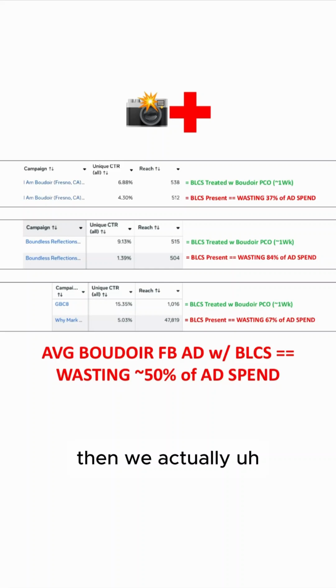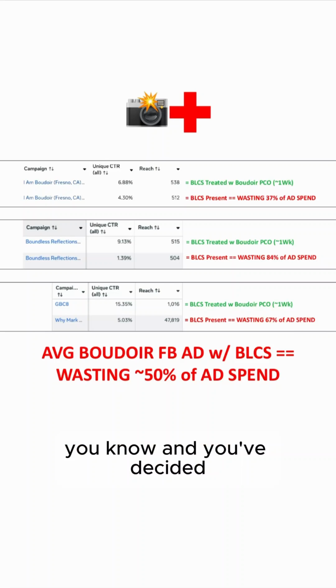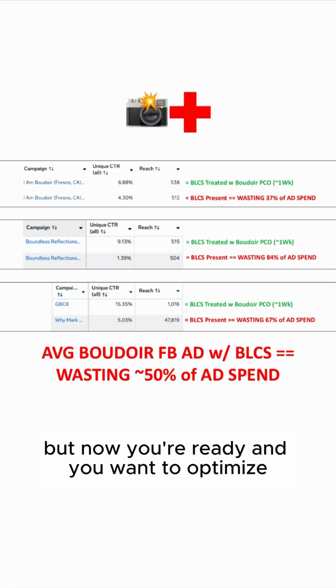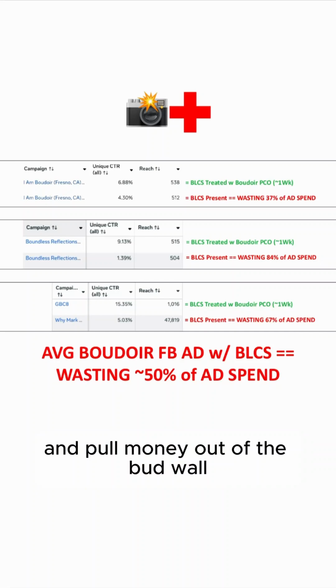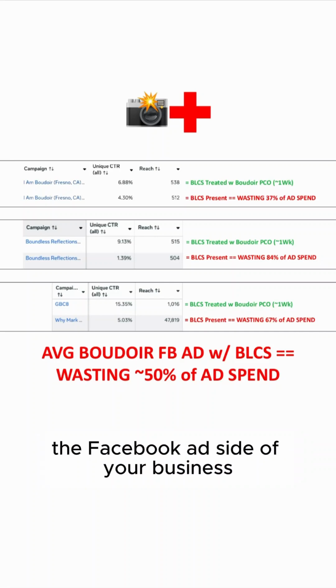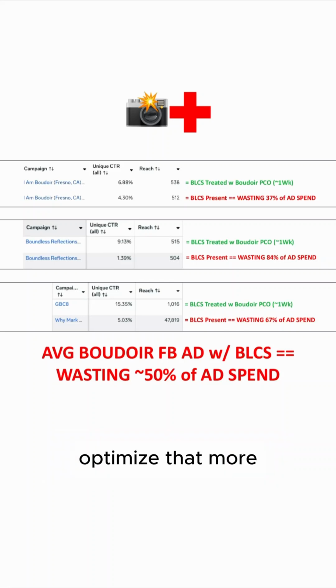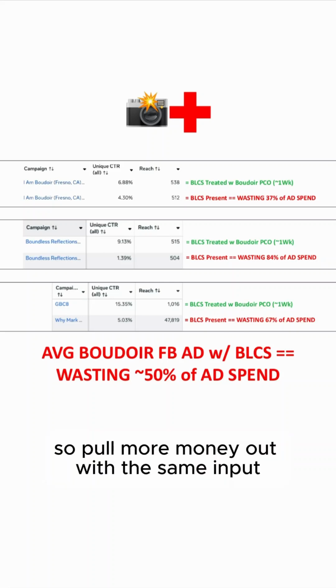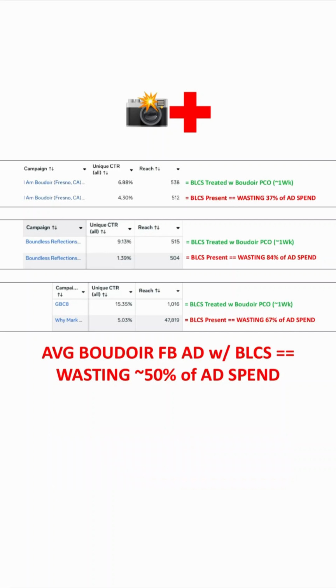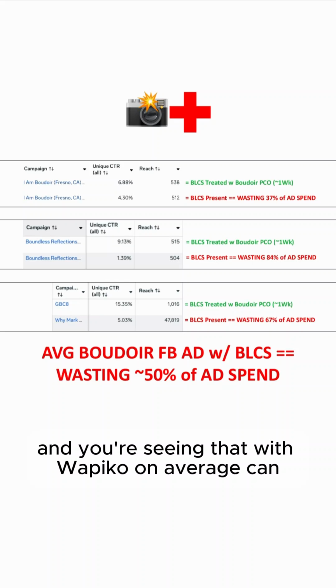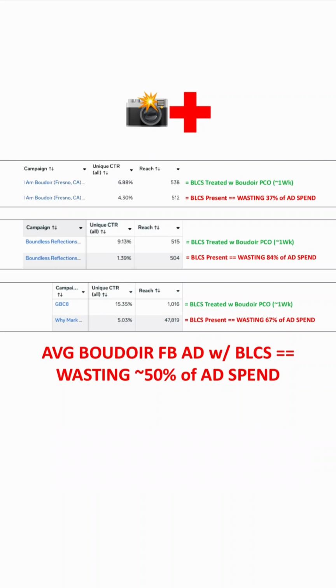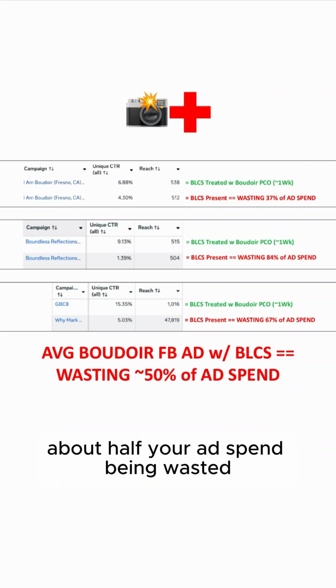And you've decided that you've been optimizing other parts of your business, but now you're ready and you want to optimize and pull money out of the Facebook ad side of your business, so pull more money out with the same input. And you're seeing that Boudoir Pico on average can eliminate about half of your ad spend that is being wasted.